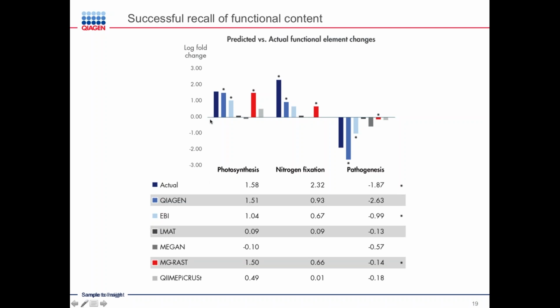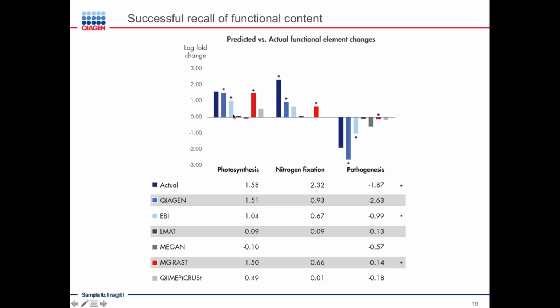And here you can see, so the dark blue here is the actual difference between community A and community B. So you can see community A is enriched for photosynthesis and nitrogen fixation, and community B is enriched for pathogenesis. And what you can also see here is that our solution, named QIAGEN here, predicts the differences in the right direction in all 3 cases. You can see it here.